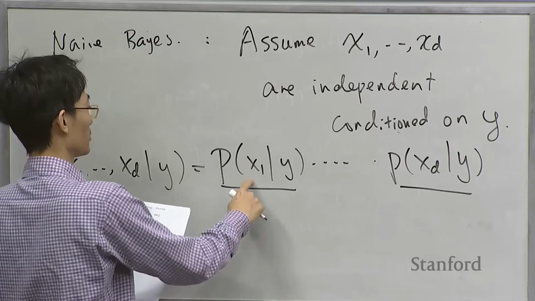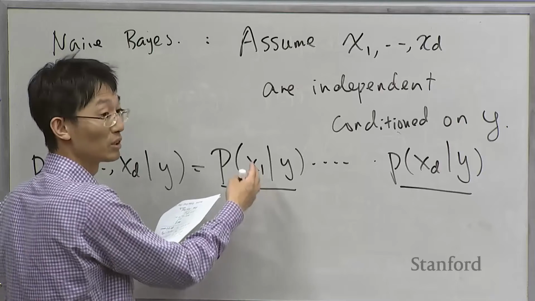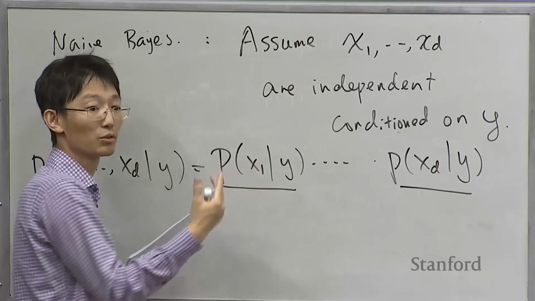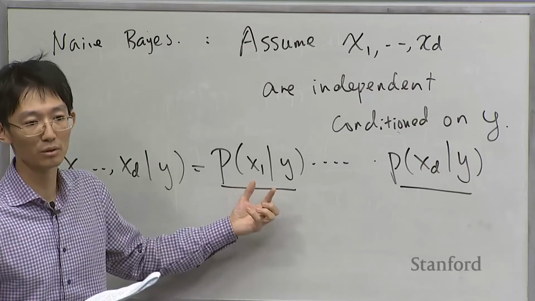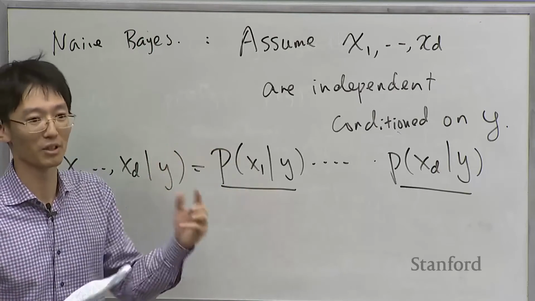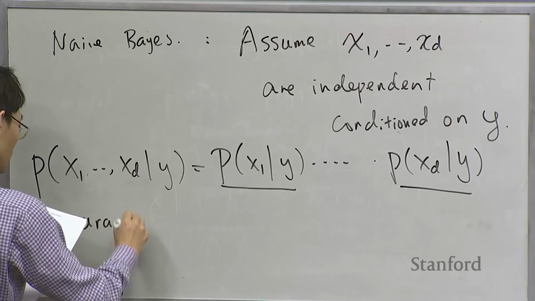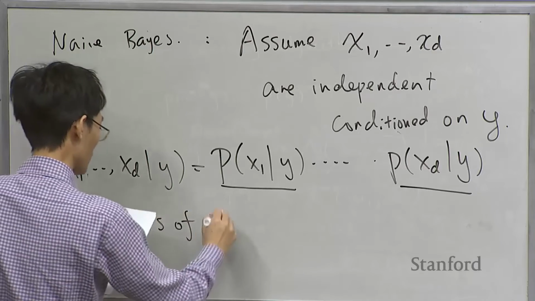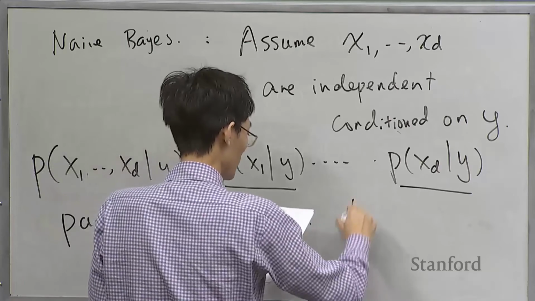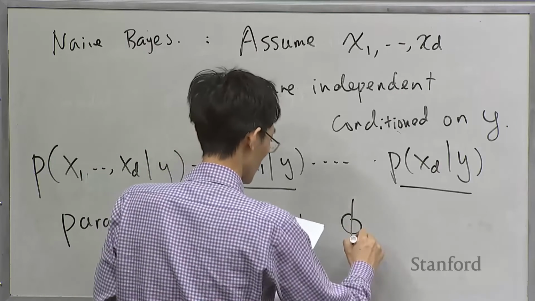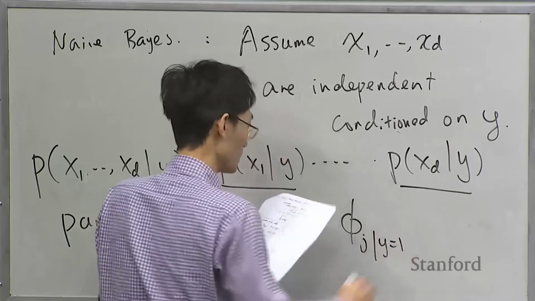If you think about this, what is this? This is really just a Bernoulli distribution, because xi can only have two choices, 0 or 1. So you just have to describe this probability by two numbers, actually by one number. So the parameters of the model are phi, say j, where there's some index which I'm going to explain in a moment.